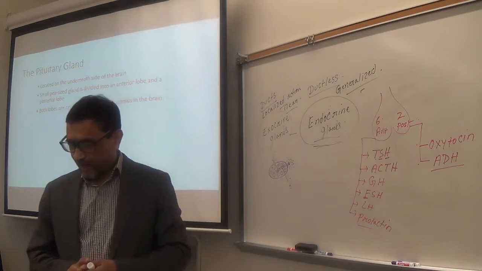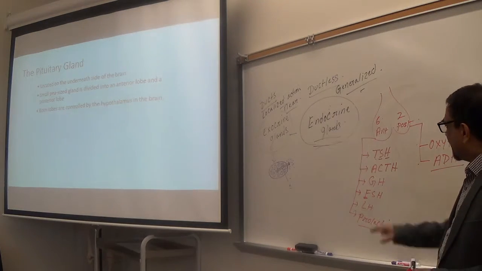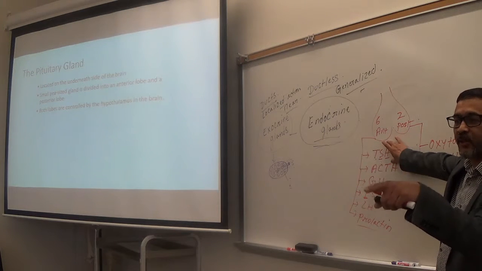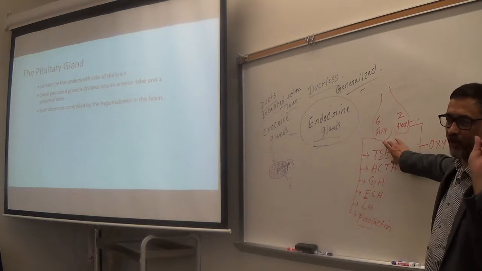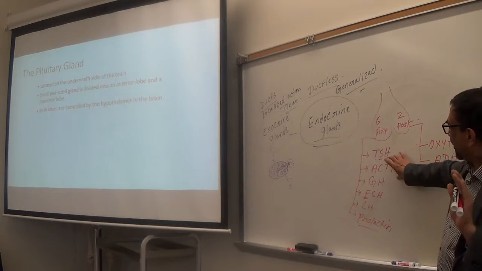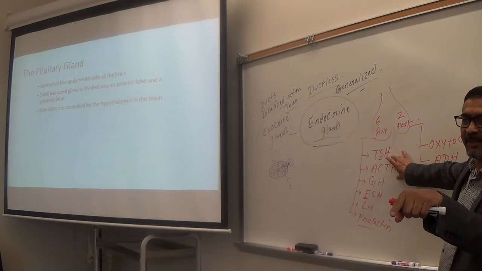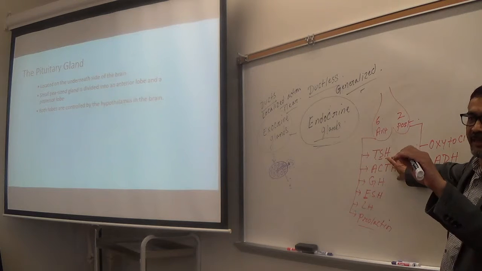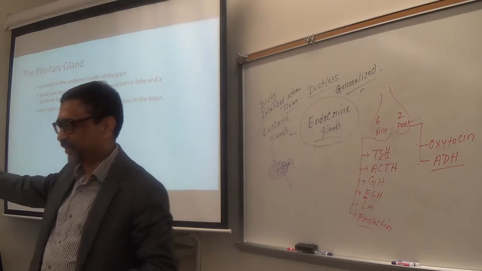Now I will quickly go over the functions. Anterior pituitary, thyroid stimulating hormone works on which gland? Thyroid. And it stimulates the release of thyroid hormone from the gland. Adreno works on the adrenal glands, sitting on the kidneys, and tells them to release adrenal hormones.